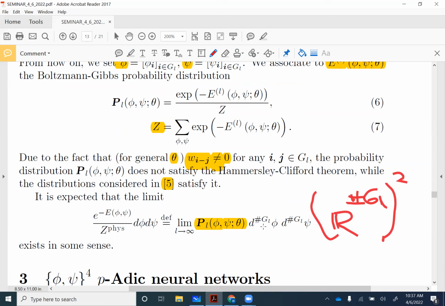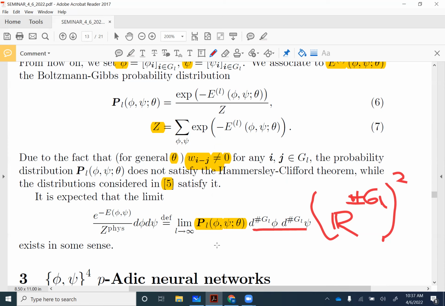For this reason, this is the Lebesgue measure on this space. So it is expected that if we take the limit of this discrete Boltzmann-Gibbs probability function, we get a quantum field theory, okay? Of course, this is a difficult mathematical problem.